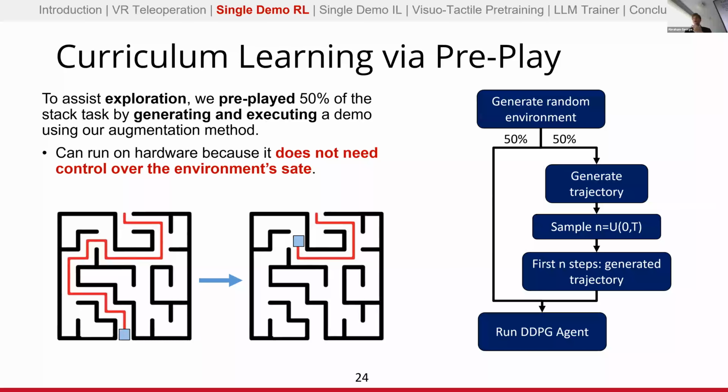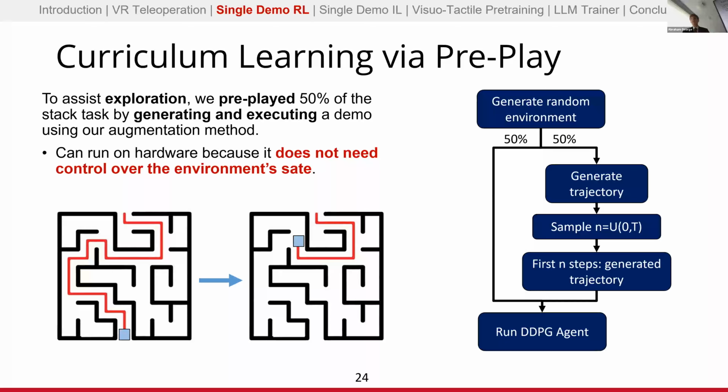In addition to the replay buffer, we also do curriculum learning via preplay. In this method, we first start with a randomized environment, and then we generate a human-like trajectory using the method described before for this new environment. We can then play a randomly sampled number of actions using that generated trajectory before handing control over to the RL agent.